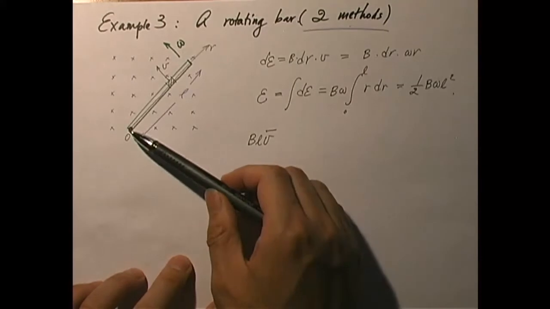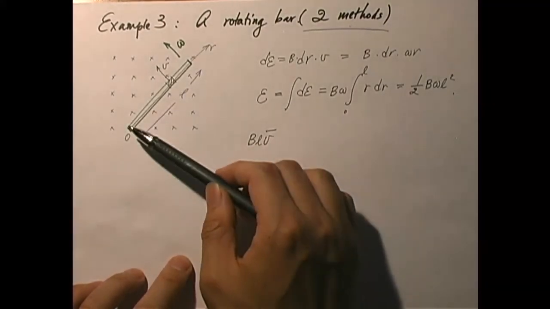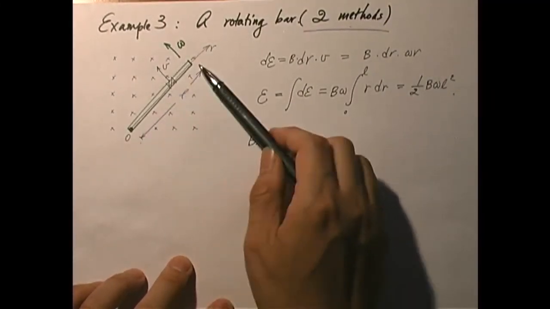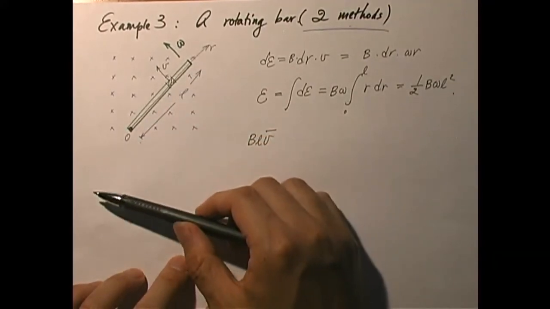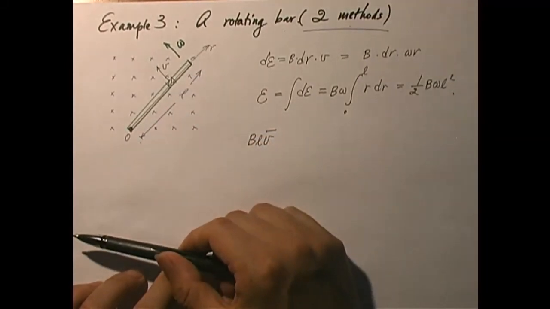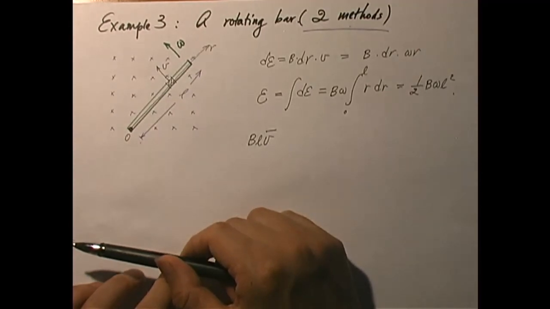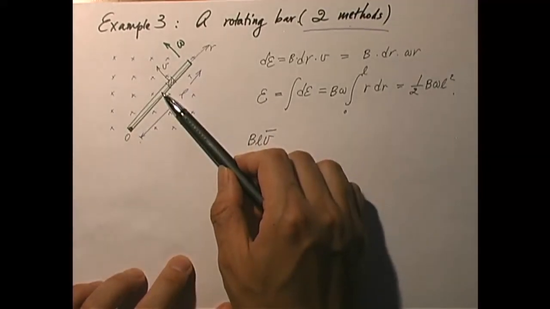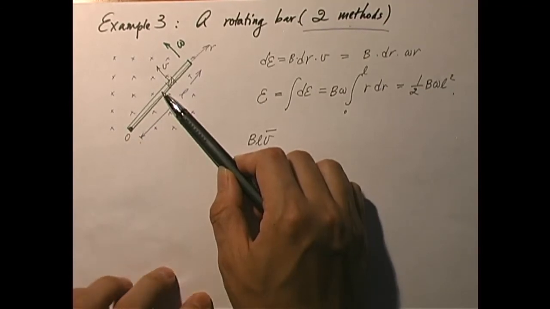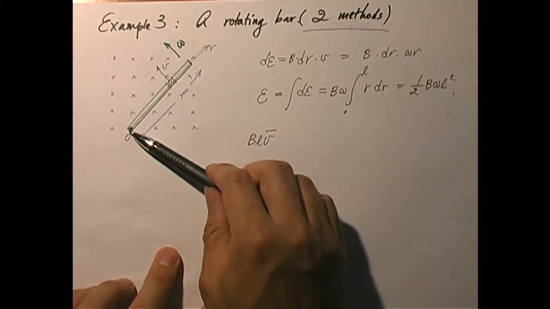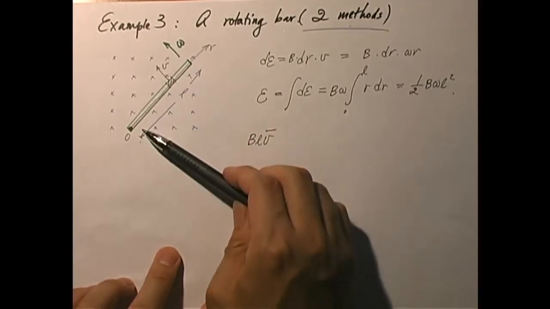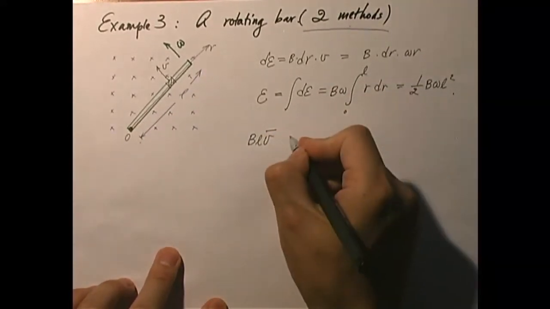Well, here the speed varies linearly, from 0 to a maximum value at that end. For any linear function, what do you think the average value is? The average value is the value at the middle. You cannot say that for an arbitrary function, but for a linear function, that is definitely true. So in this case, it's this speed plus that speed, divided by 2.